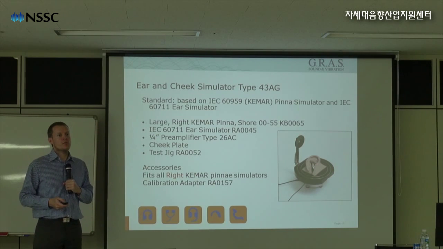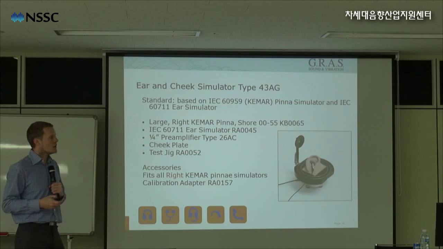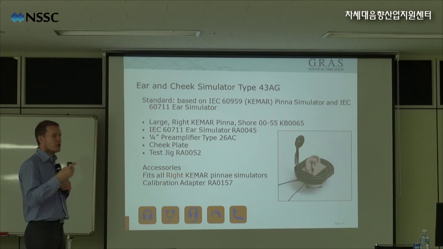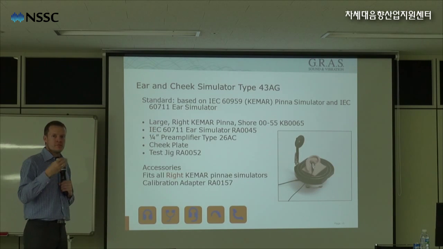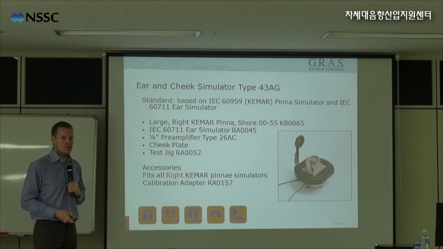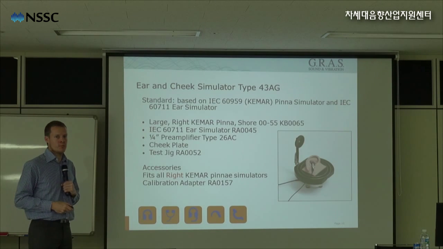Then we have developed a more specially designed ear and cheek simulator. Based on all the standardized solutions with 711 couplers and 2cc couplers, we are developing and pushing the technology further at G.R.A.S. What we do here is we have a combination of a pinna made of rubber put on a test plate, and then underneath we have the 711 coupler.